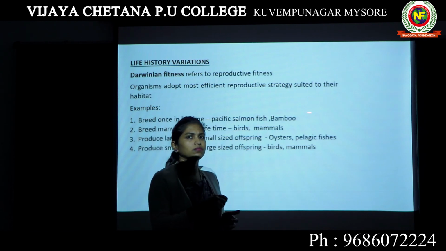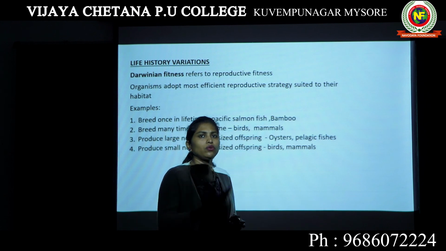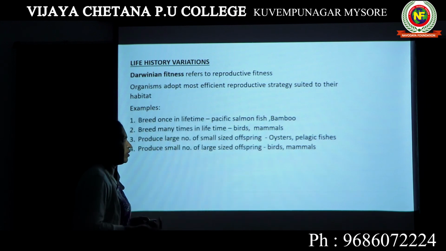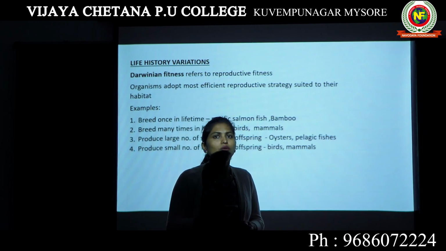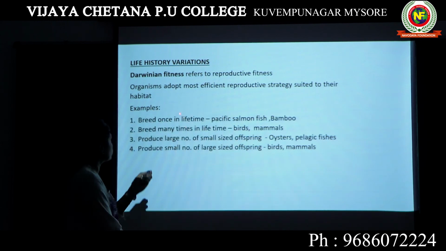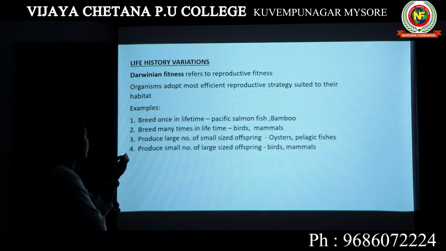Organisms know certain ways of how to reproduce and when to reproduce, and they plan their own strategy to carry out reproduction depending upon their habitat, the place where they are living.